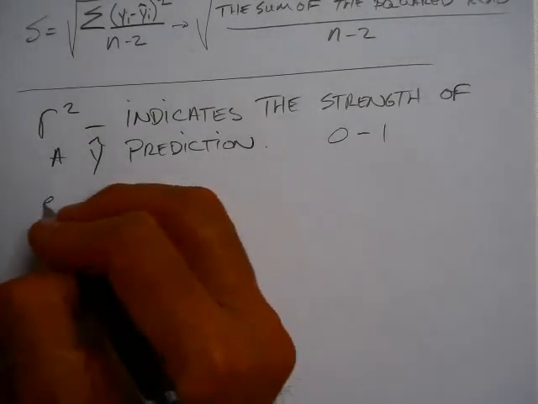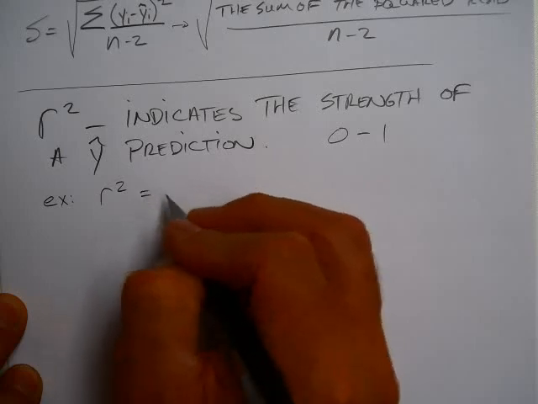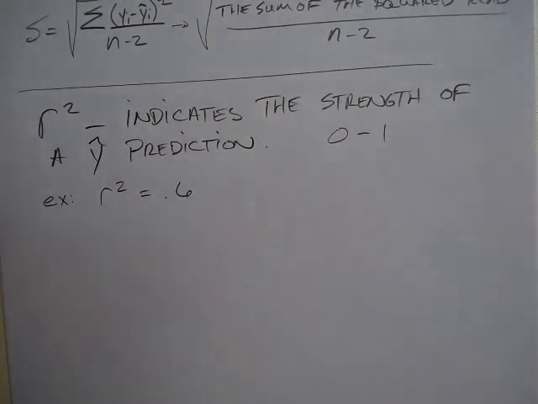So example, let's say I have an r squared value that's 0.6. How we could interpret that is we would say that about 60% of the y-hat predictions would be good.